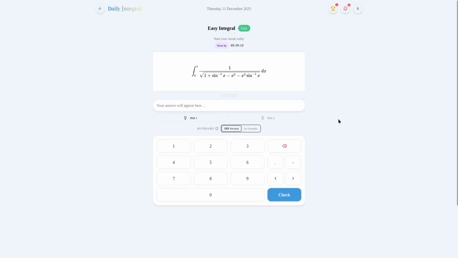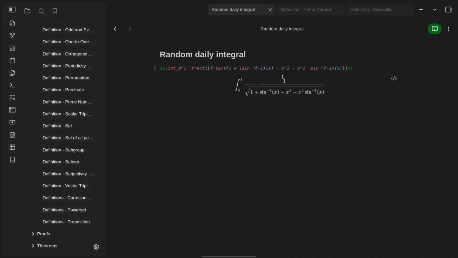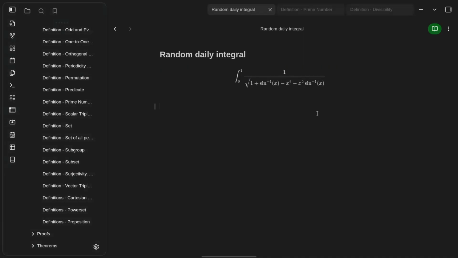Yeah, this is what we're dealing with. What would I do first? Genuinely, what would I do first? That looks factorable, maybe? And then you get 1 plus something squared, which would be a u sub, which would then give you the arcsine thing, which is probably what they're going for actually.